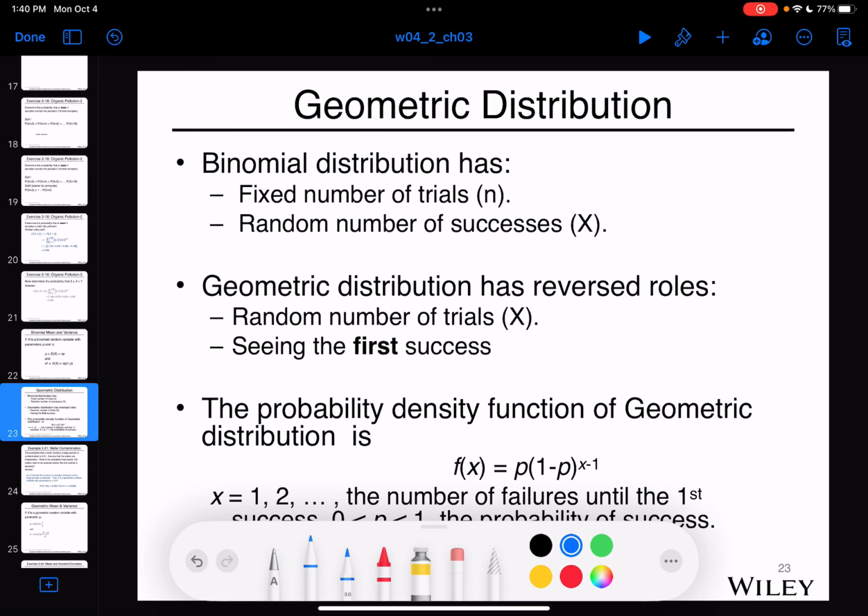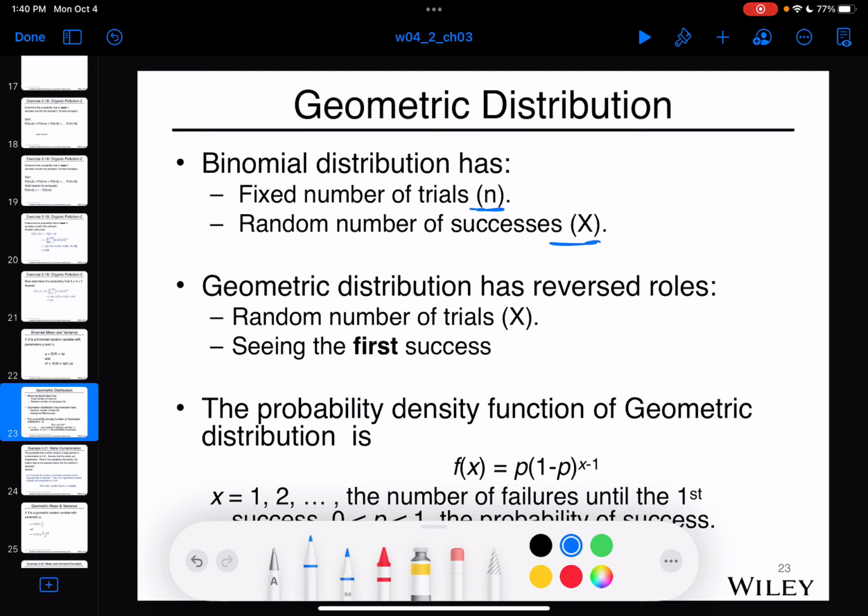Okay. So the first distribution that we saw was uniform, which is a very simple distribution, right? It means all probabilities are equal, right? The second one that we saw was binomial, right? In binomial distribution, we have a fixed number of trials, and we want to have X number of successes, right?